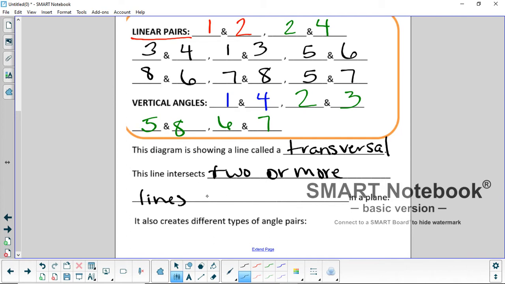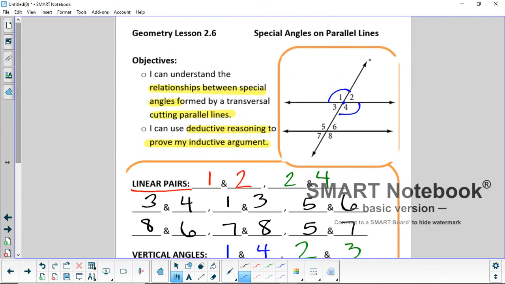And these lines could be parallel, but they don't have to be. Okay, so up here I'm going to show it on our picture that this line right here is our transversal.